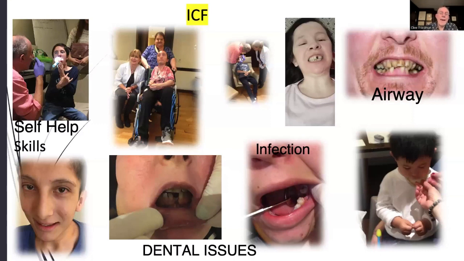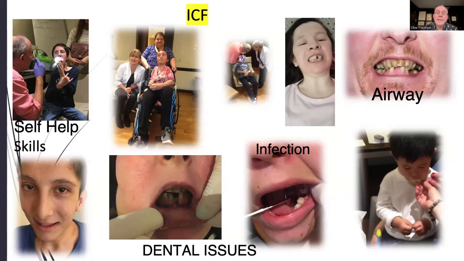When we're looking at dental issues, there are many different things that we begin to look at. We look at self-help, as individuals get mobility restrictions in their joints and cannot do self-help skills like brushing their teeth, whether there is complete closure and they can't eat, whether you have infection, where we can alleviate some of their issues related to eating.